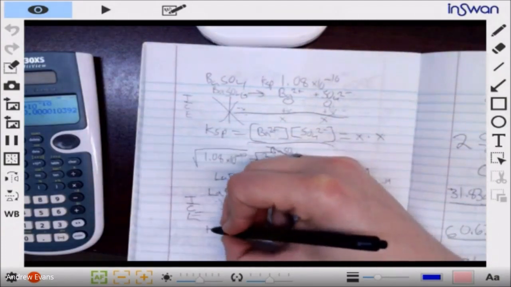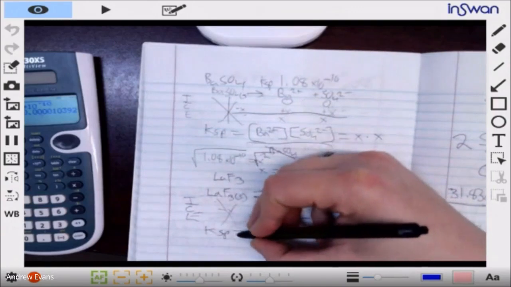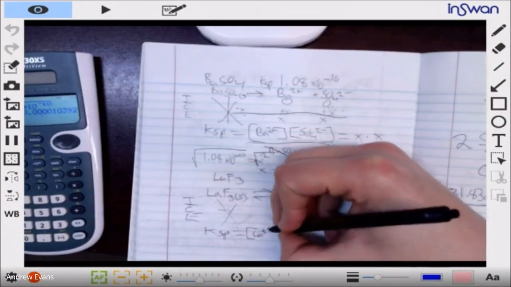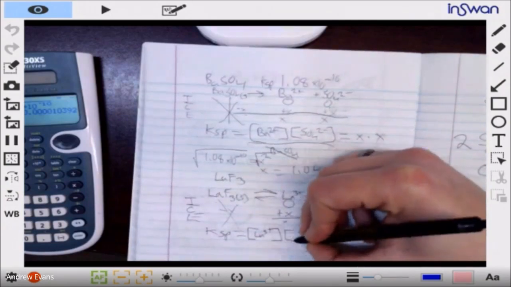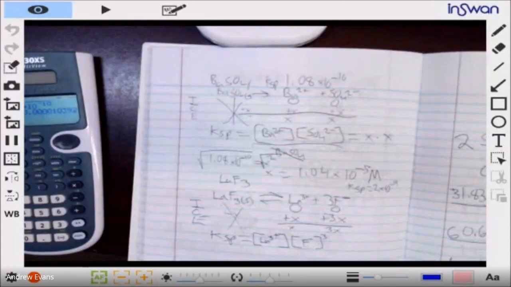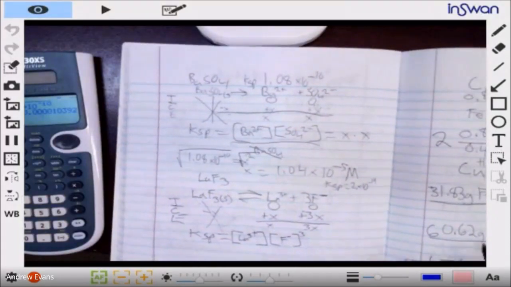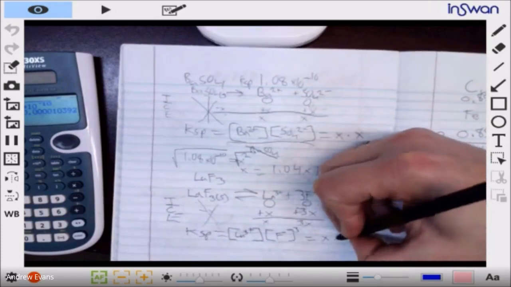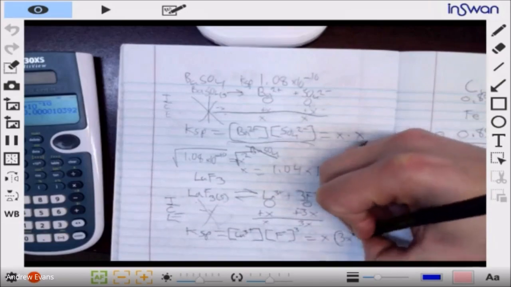Now, our Ksp expression is equal to lanthanum times fluoride cubed, because it's raised to the power of the exponents. So plugging that in, we have X times 3X cubed.